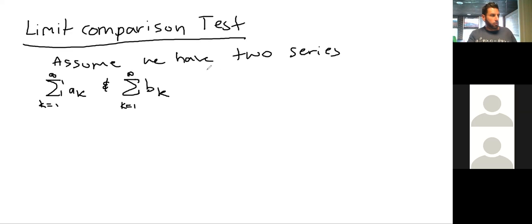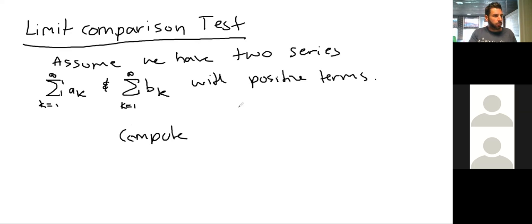So assume we have two series with positive terms, and that's very important. The thing we want to do is compute a certain limit, and we'll call it L for lack of a better word. We're going to take the limit of the ratio of the terms.